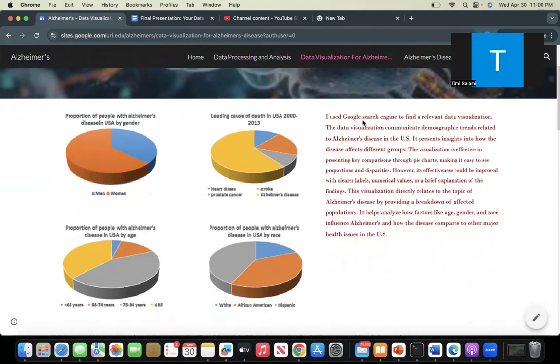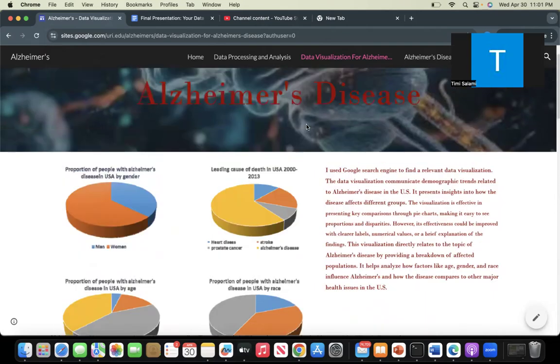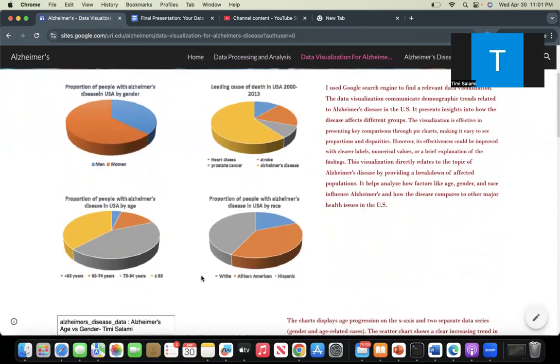Okay. So for this page, I included charts, a pie chart, showing rising Alzheimer's cases worldwide. It showed why awareness matters, and it showed the leading diseases, heart disease, stroke, prostate cancer, and so on.